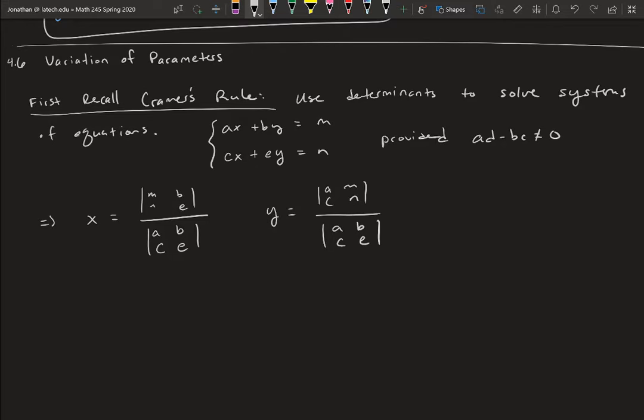We'll need that at some point in our derivation of the variation of parameters particular solution. Hopefully that's not too hard for you to understand. I think you should have seen it before, especially if you had pre-calculus or something like that. I'm pretty sure everybody covered it at one point. So does that make sense?